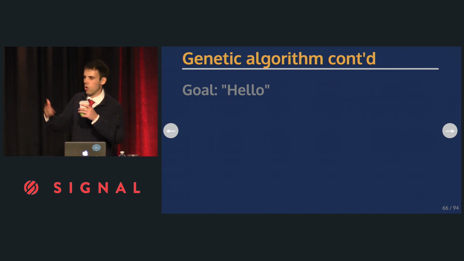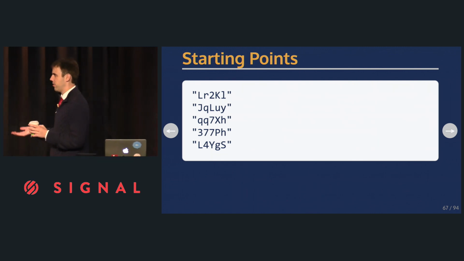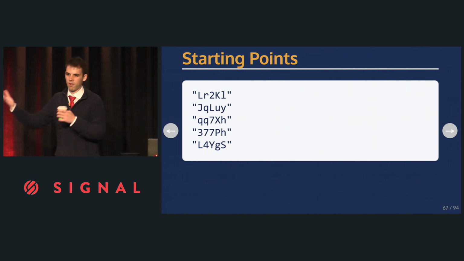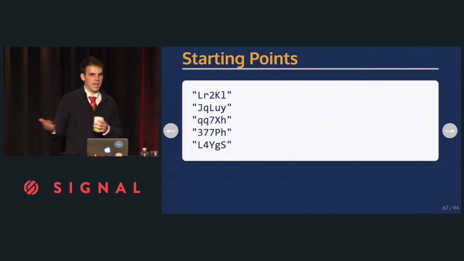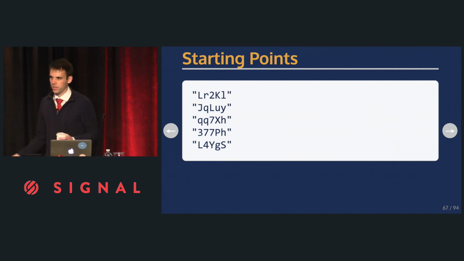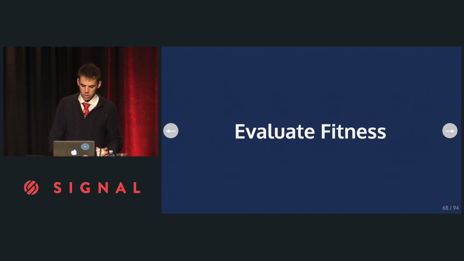So let's say our goal is the string hello. We want to generate this string. We start with a bunch of random strings, right? And this is kind of different than typical search problems in that we generate a pool. We generate a lot of random examples, and then we cross them over and compare the good ones and try to use the good ones more often and mutate our way to a solution.